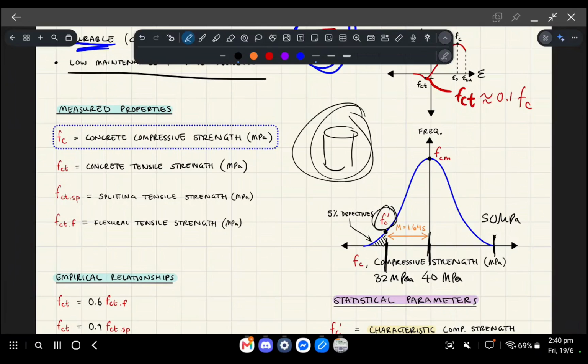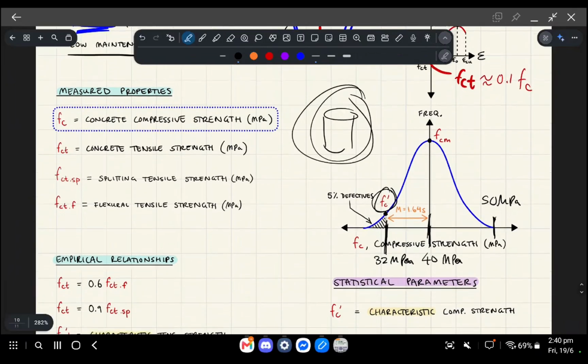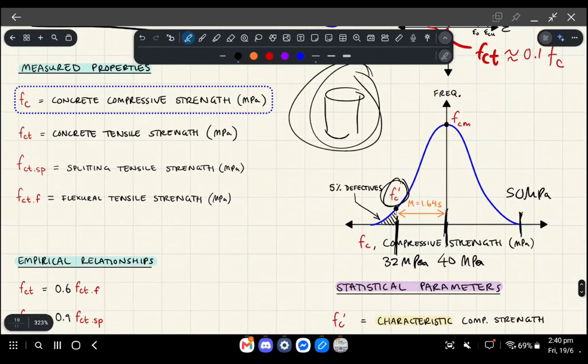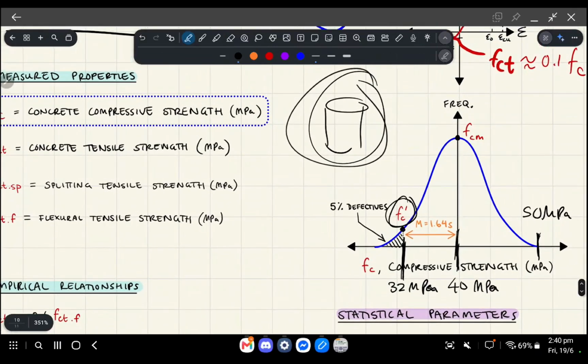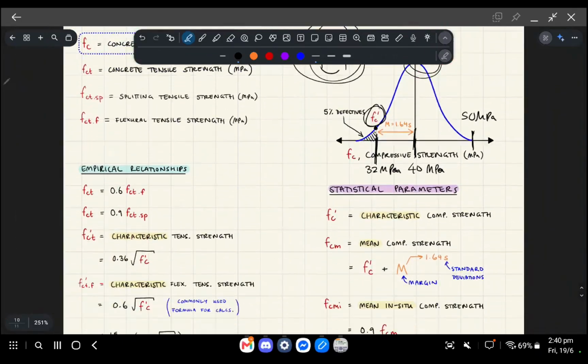So if you use the very worst one, you might be over-designing with materials, okay? So there are some variable names that you should get familiar with, right? So f'cm is your mean, right?